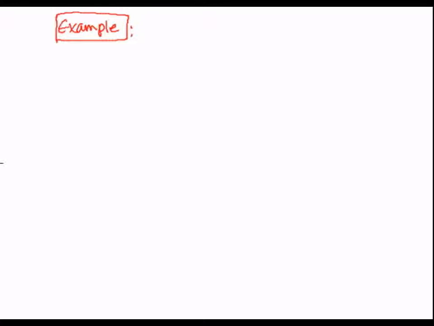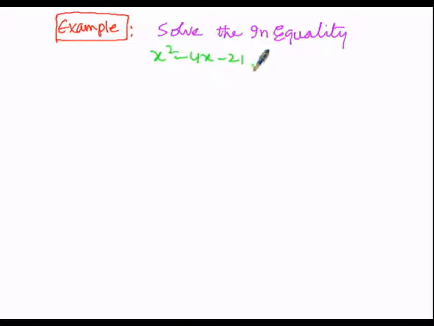Then now solve the inequality which is x square minus 4x minus 21 greater than 0.